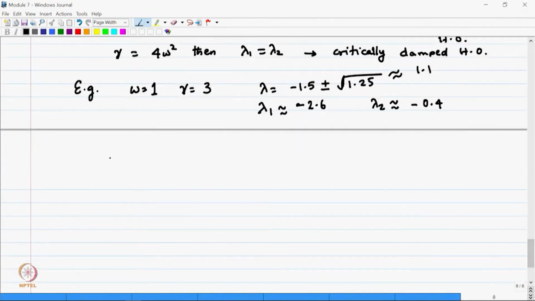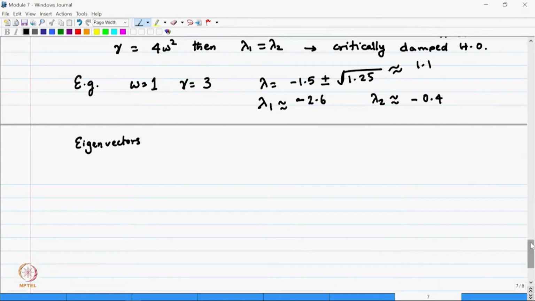Now, what about the eigenvectors? In this case, you will have to work out the eigenvectors, and you can show quite easily that the eigenvectors are given by [1, minus 2.6] and [1, minus 0.4].